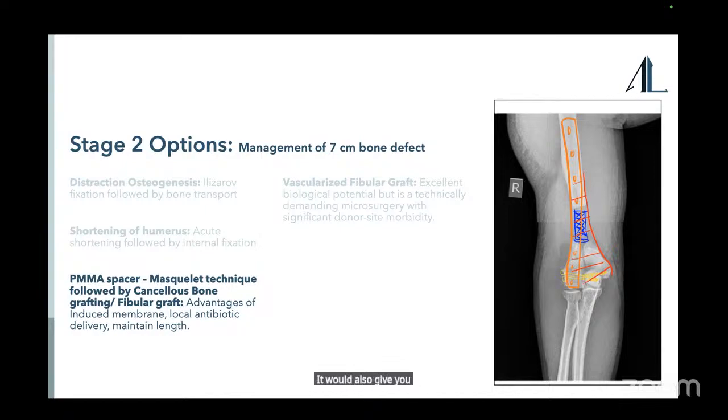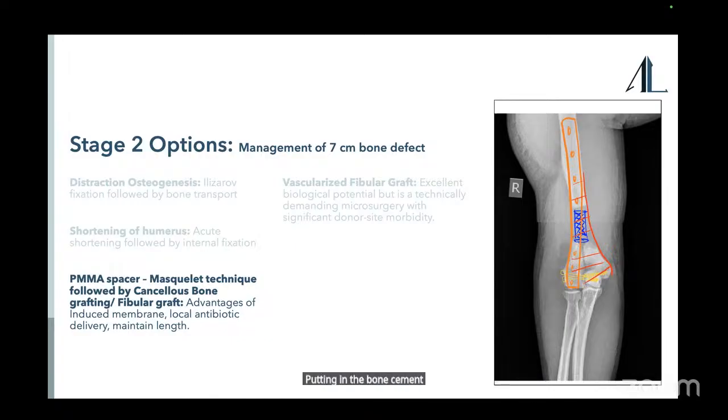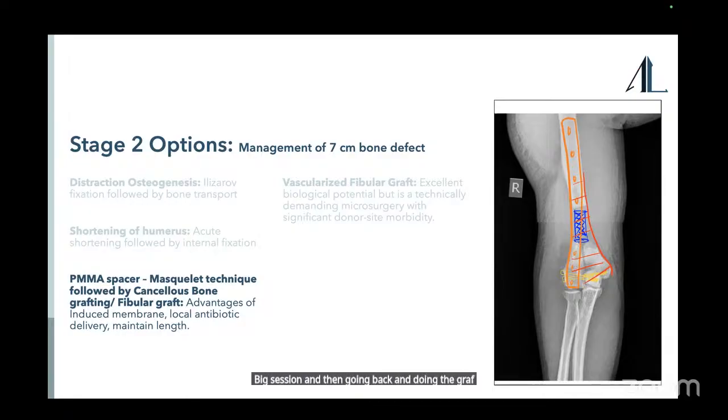The reason I'm asking is because we've done a few cases like that without a cage, putting in the bone cement and internal fixation, and then going back and doing the grafting. So the bicolumnar fixation is a well-known way of fixing, especially for comminuted fractures.